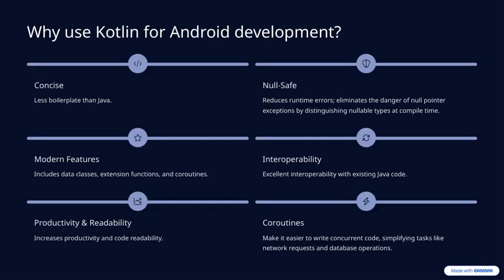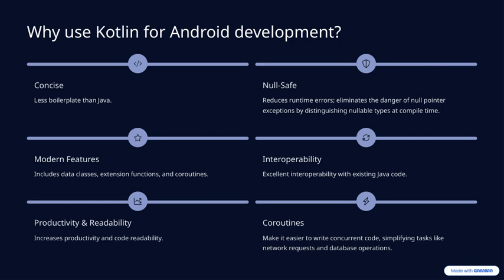Let's dive into why Kotlin is such a popular choice for Android development. First, it's concise, meaning you write less boilerplate code compared to Java, which helps us develop faster and keep our code cleaner. One of Kotlin's biggest strengths is that it's null-safe, so it reduces runtime errors by catching potential null pointer exceptions during compile time.